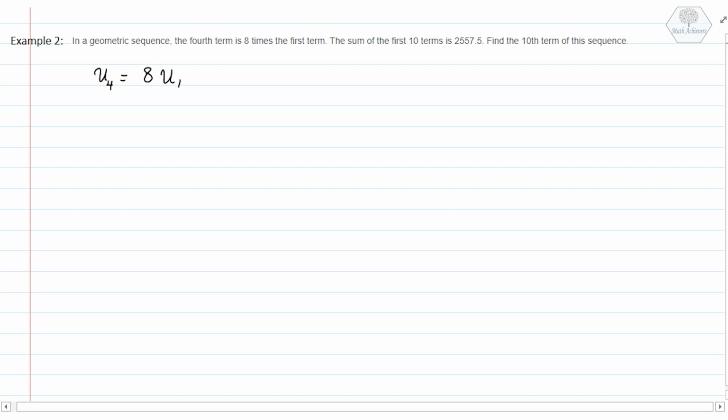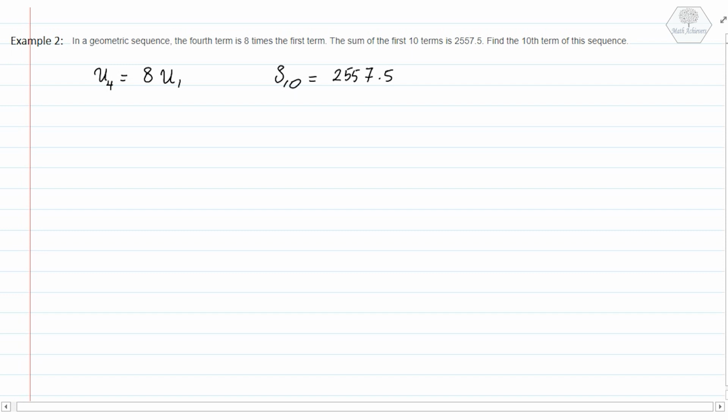The sum of the first 10 terms, S of 10, is equal to 2557.5. And the question wants to find the 10th term of the sequence. We have to make use of this info to find the 10th term.